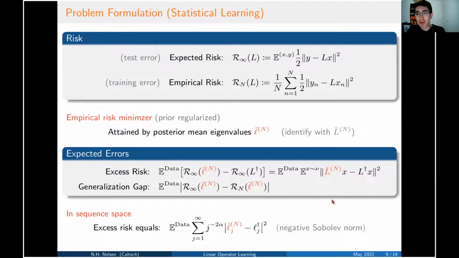So in our simple diagonal setting, these errors have very nice forms. In the sequence space, this first one, the excess risk with the Bochner norm on linear operators, reduces really just to a weighted sequence space Hilbert-Schmidt norm on the eigenvalues. So it's this type of L2 norm, but it has this kind of negative exponent weight.